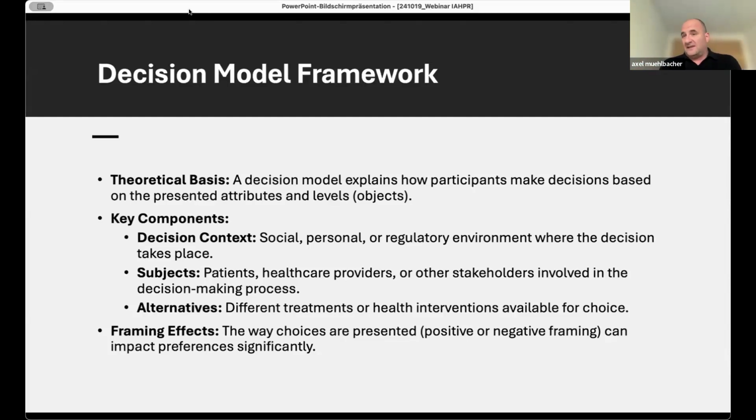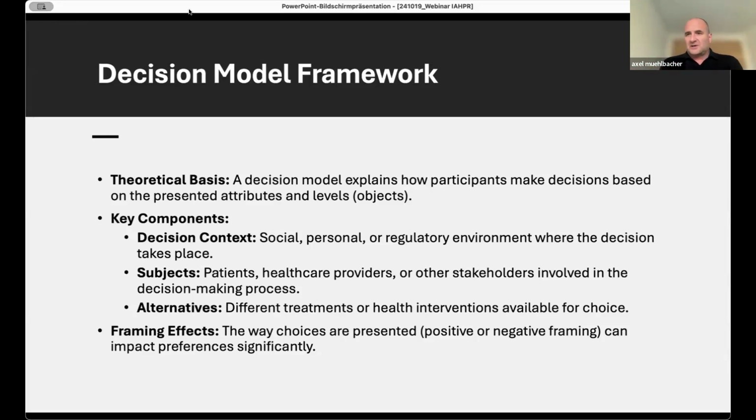And we have to define the alternatives in order to grasp what the decision actually means. We have to be clear about what the different alternatives are, where these decision makers or the participants in our study have to make trade-offs between these different scenarios.